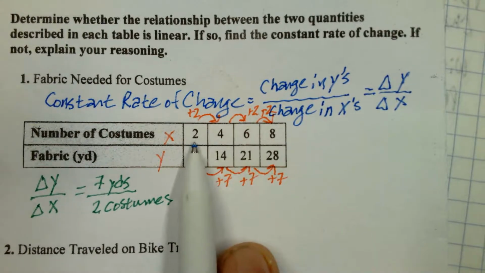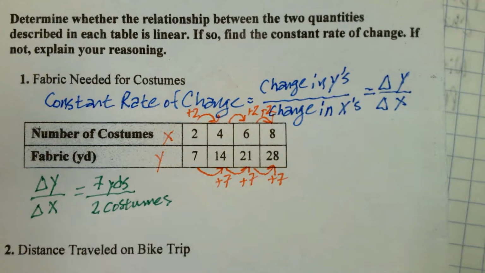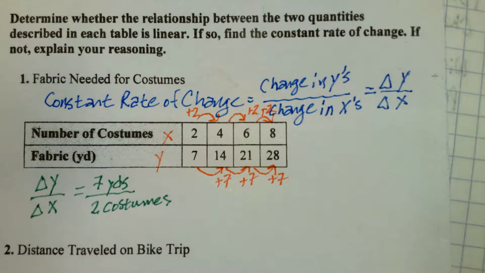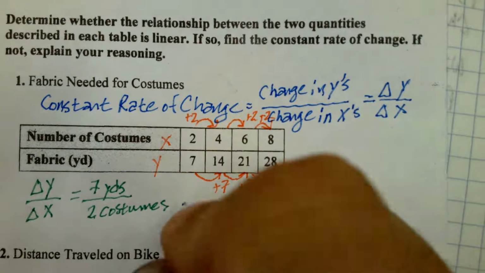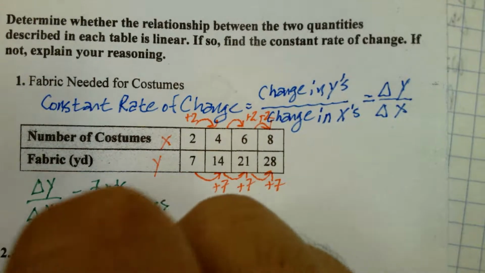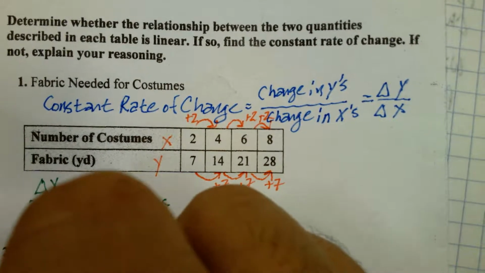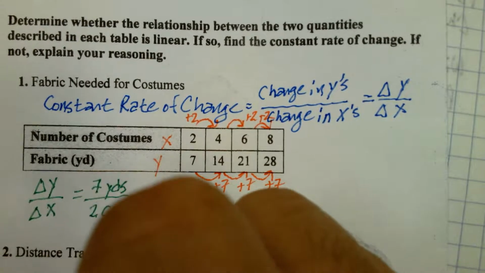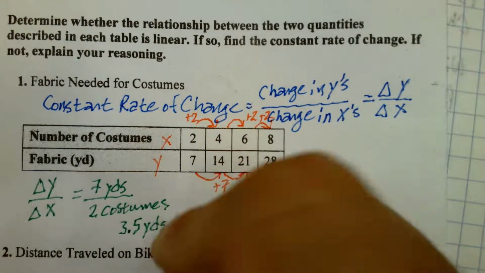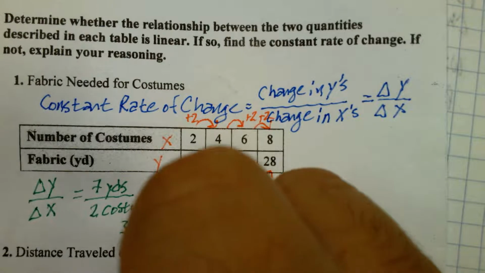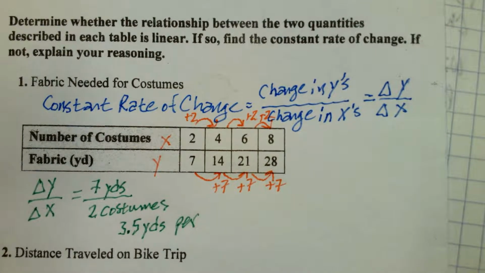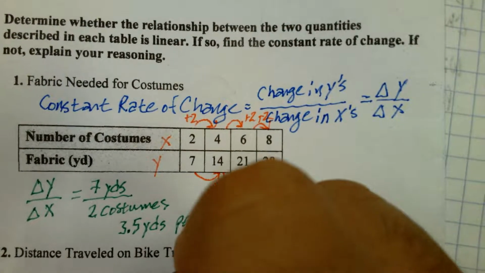What are we measuring on x? Number of costumes. So now, what's the unit rate? Remember how we find the unit rate? That's where the calculator might come in handy. What's 7 divided by 2? 3.5. So in the end, we end up with 3.5 yards per costume. You could say even per one costume if you like.